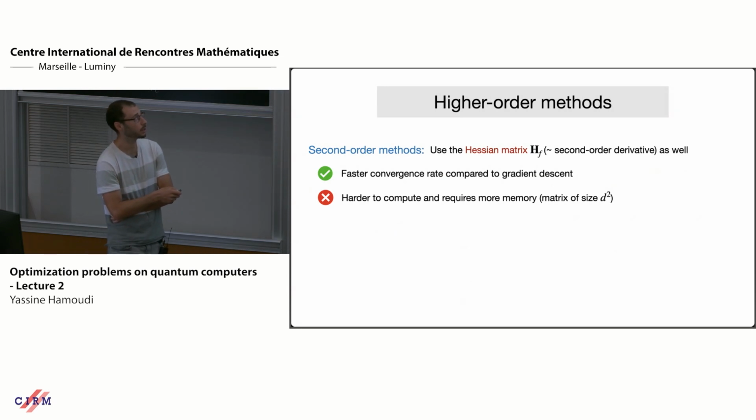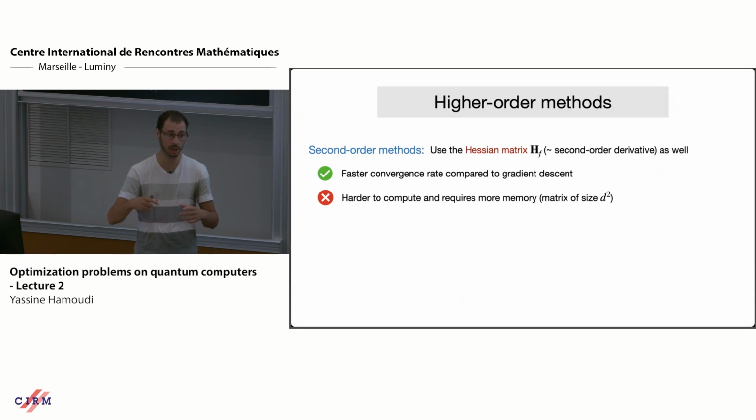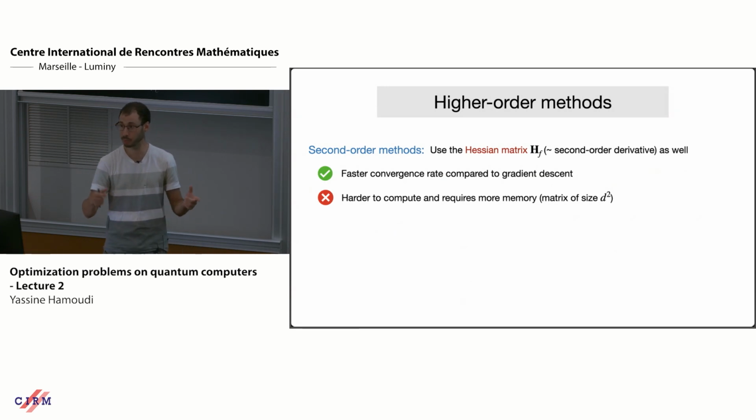Now, the Hessian is harder to compute, and one important limitation is that the Hessian is a matrix of size d by d. So now you want to manipulate something like d squared parameters. Storing the Hessian in memory can be much worse than applying a first order method.